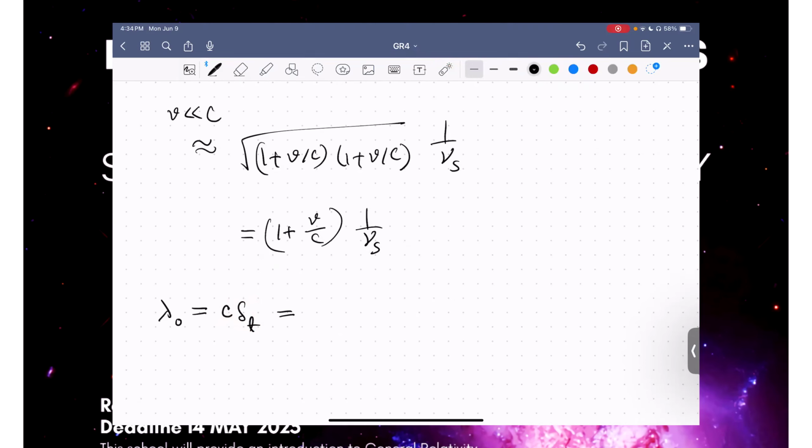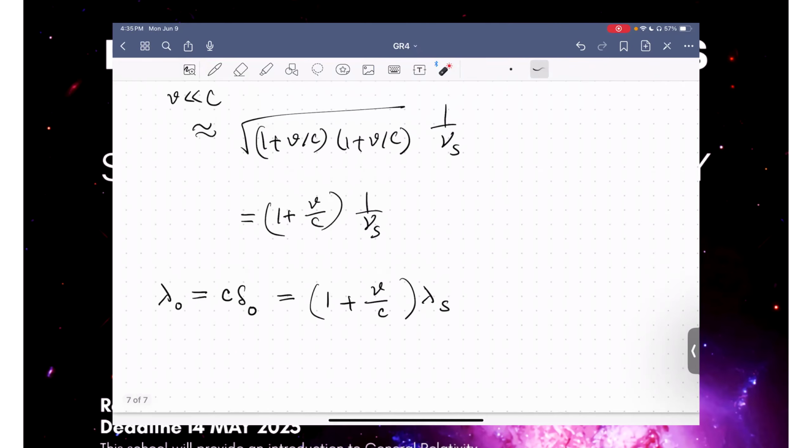And then we have already computed delta t. So you basically find 1 plus v over c delta s, where delta s is the wavelength measured at the source.